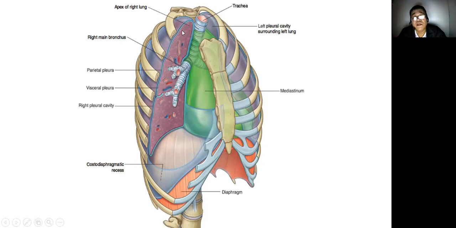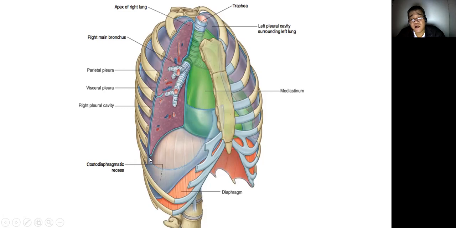The reflection of the parietal pleura over the diaphragm, and over the diaphragmatic pleura and over the mediastinal pleura, creates deep crevices or recesses known as your costodiaphragmatic recess, this one, okay, and the costomediastinal recess over here.